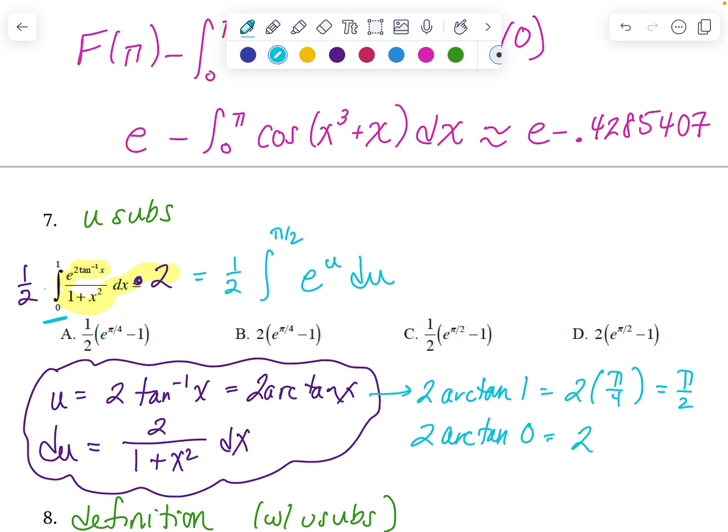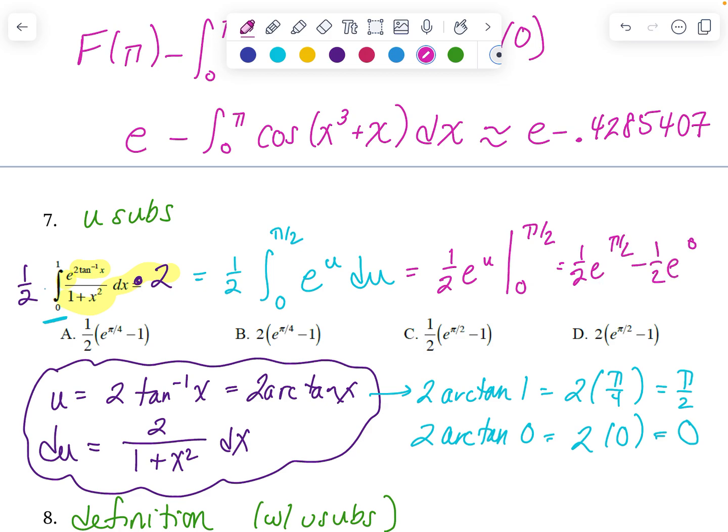The angle whose tangent is 0 is the angle 0 radians. So that's going to stay a 0. Okay, now I have no need to go back into X world, okay, because I changed all of my components. So antiderive, put in my bounds, e to the 0 is 1, and that's this guy.